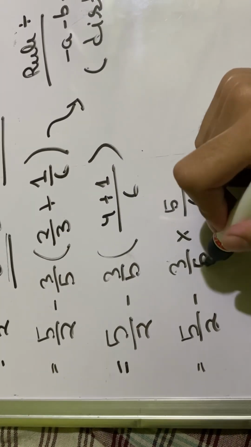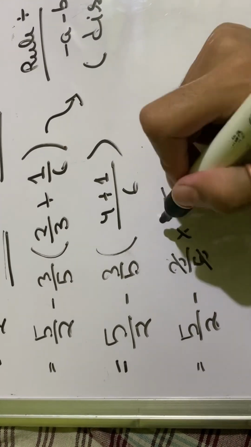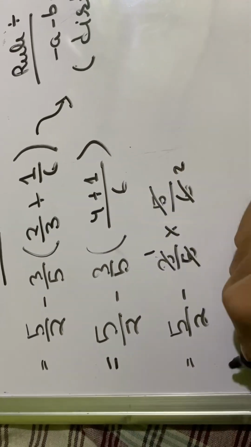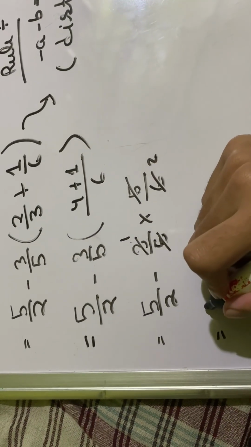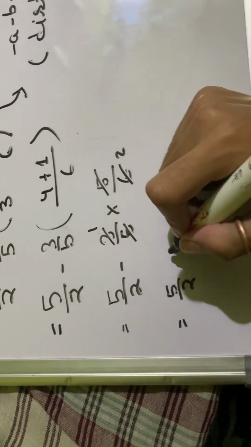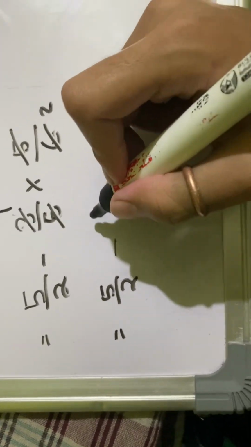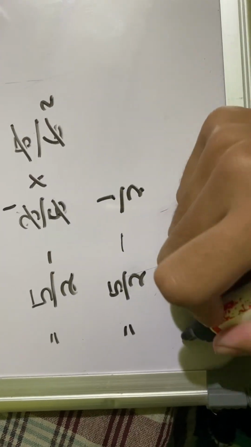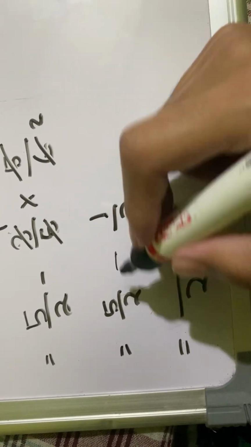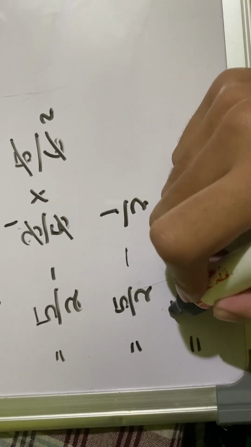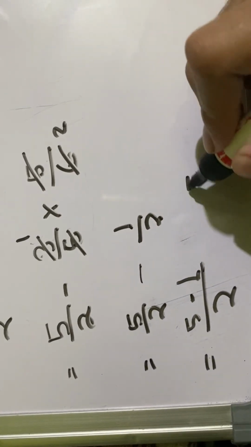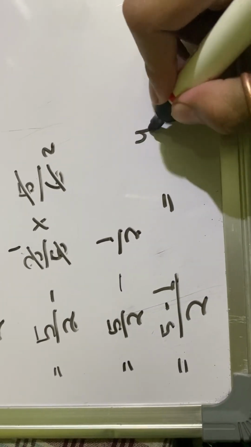Okay, you can cut this, 5: 3 ones are 3, 2 threes are 6. So next point, 5 by 2 minus 1 by 2. You take common this 2, then this will come 5 minus 1, and the answer will be 4 by 2.